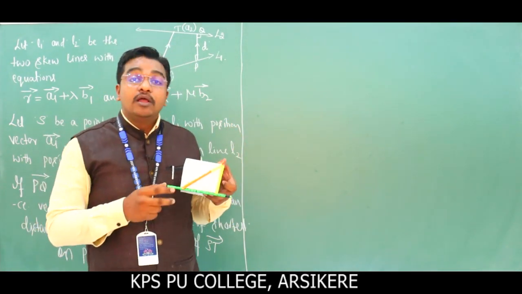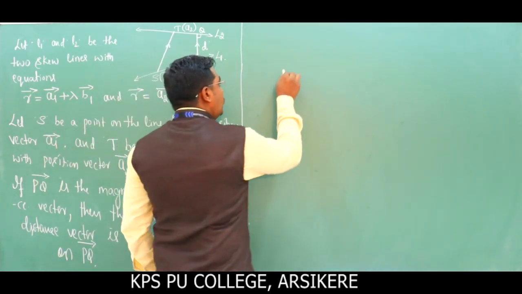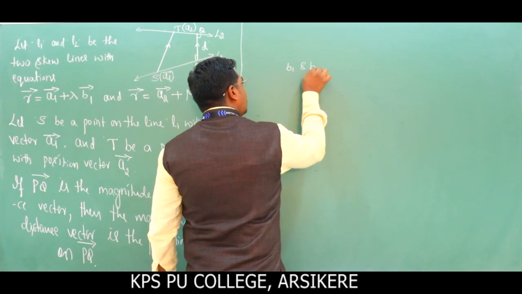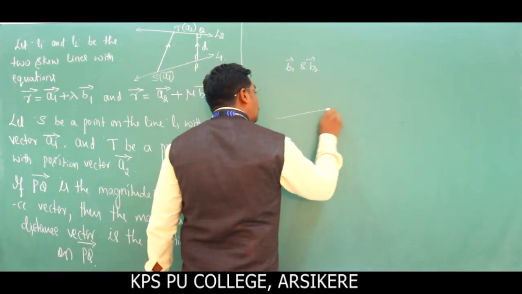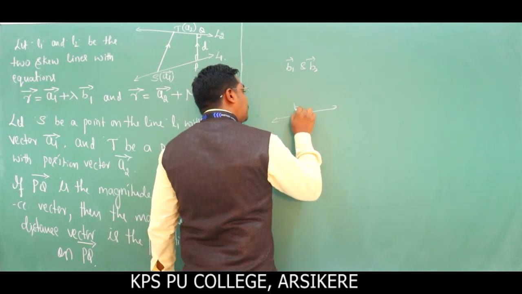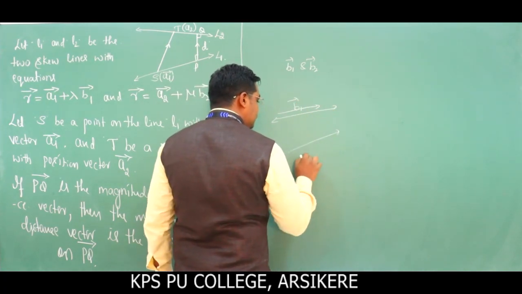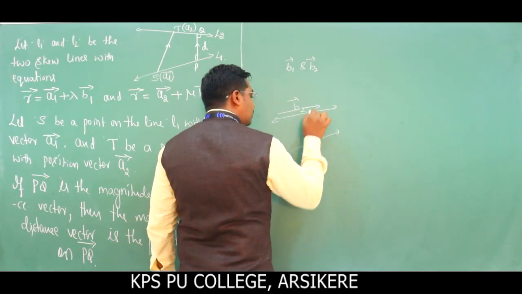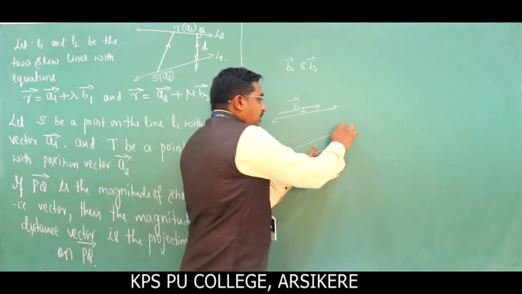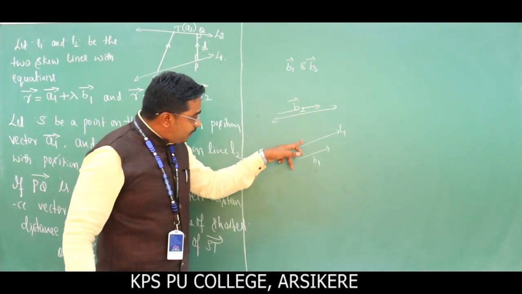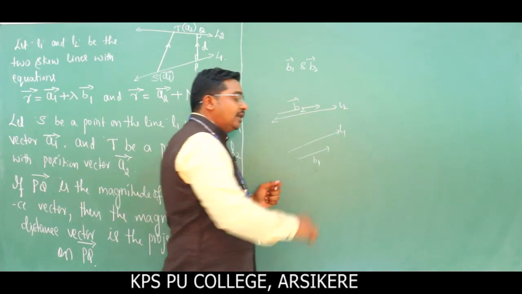Just observe here, we have vector B1 and vector B2. Vector B1 is parallel to line L1, and this is B2, parallel to line L2.